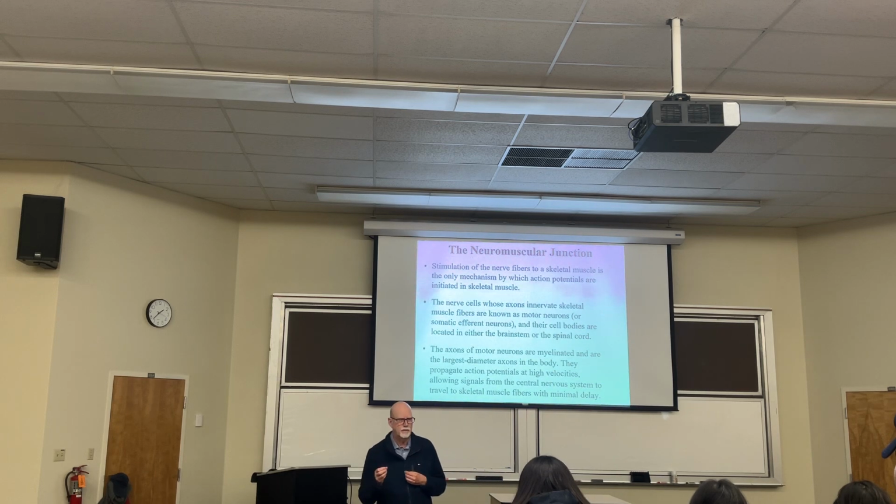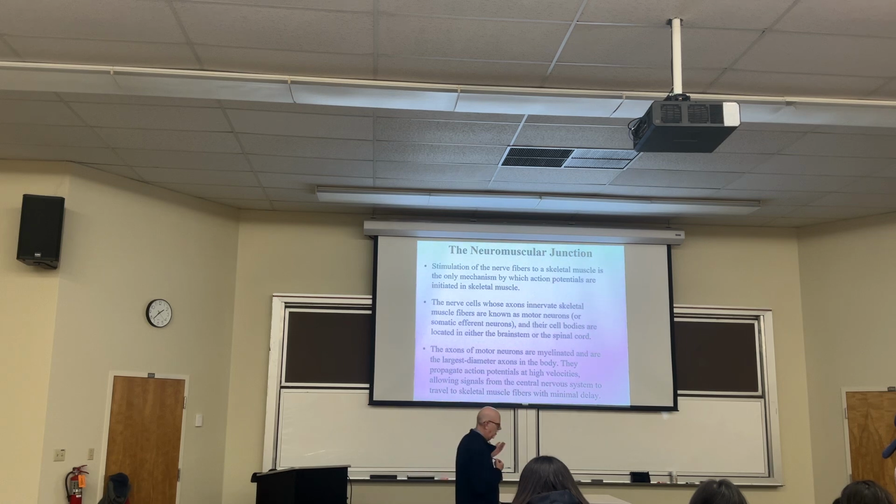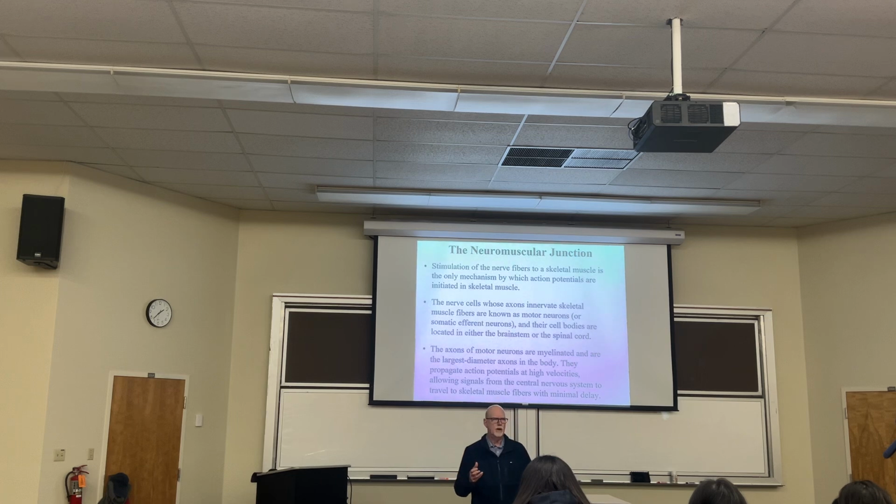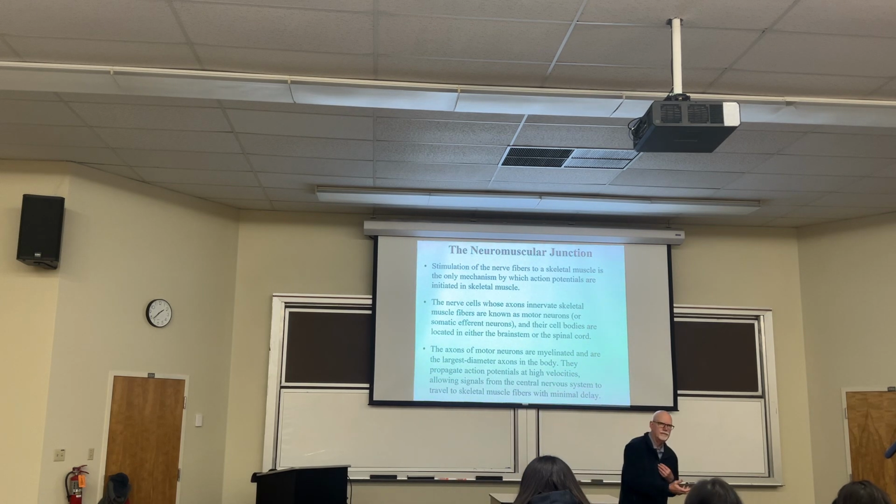When it reaches the muscle, you have a synapse. This is often called a neuromuscular junction. It has other names like motor end unit and some other things, but essentially it's a synapse or neuromuscular junction between the motor neuron and the skeletal muscle.